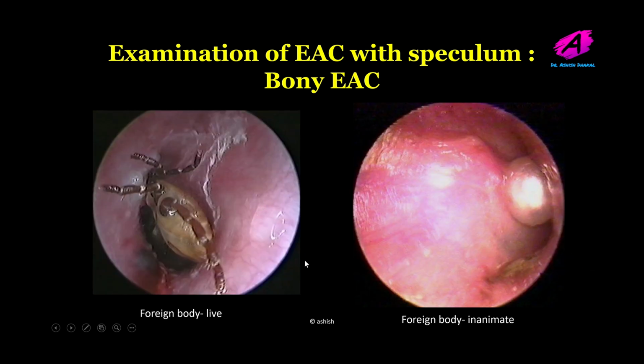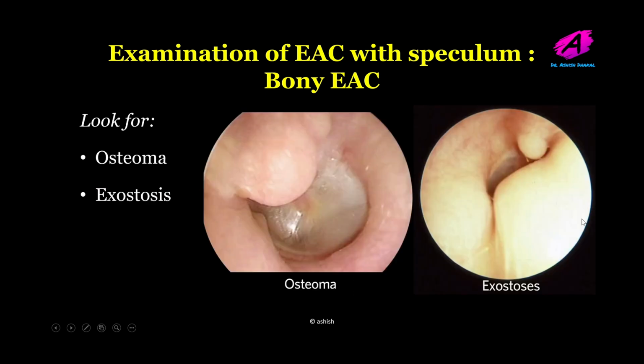Here you can see a foreign body, sometimes an inanimate foreign body like a bead. In the bony external auditory canal, the other things you have to look for are osteoma and exostosis. You can check for differences between osteoma and exostosis.